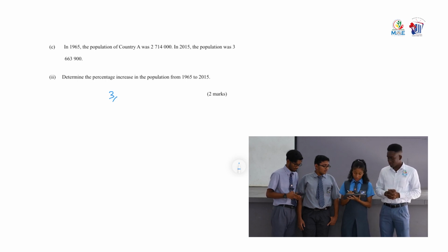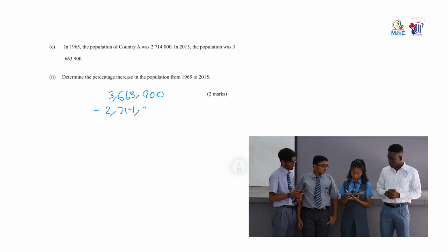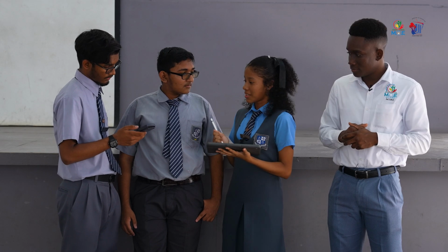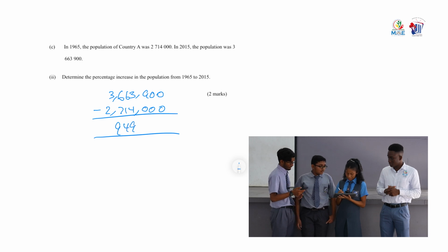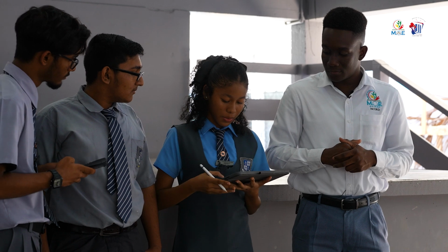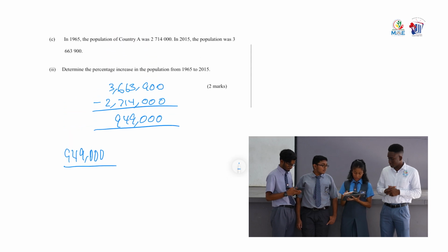So that would be 3,663,900 subtract 2,714,000. That's going to give you the difference of 949,900. To find the percentage increase, it's going to be 949,900 upon the initial population.